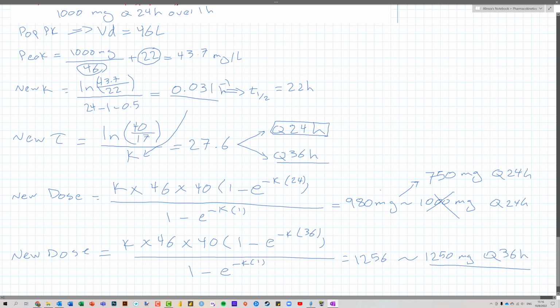Now, one thing I forgot to calculate when we got our new peak is, based on the previous regimen, what was the AUC.